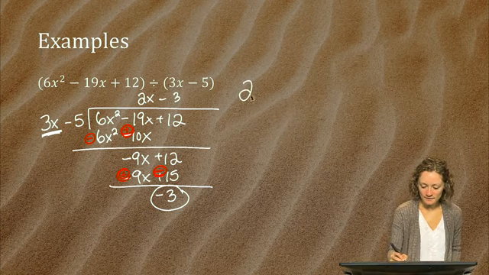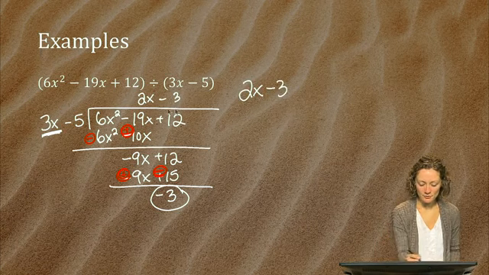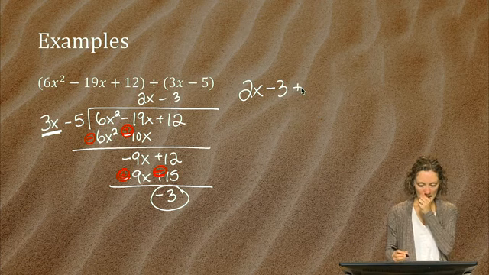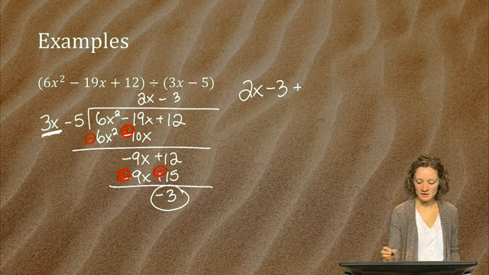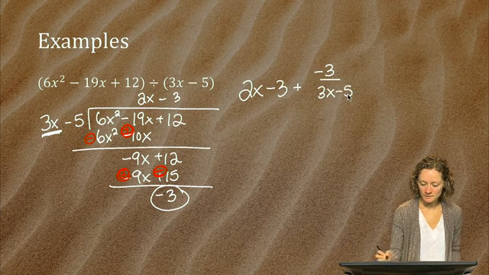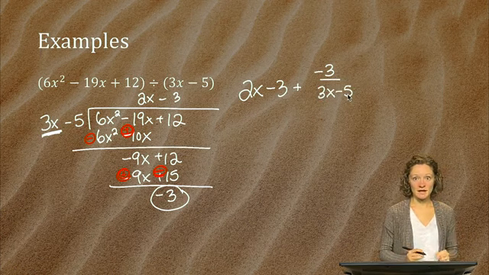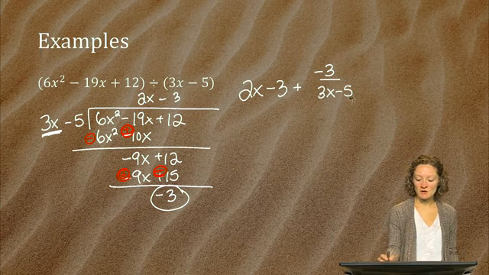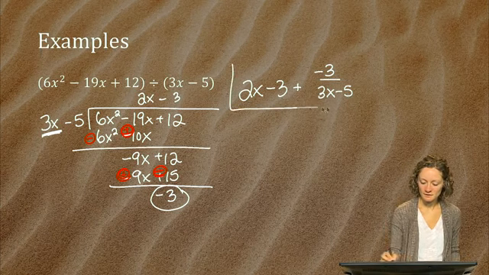So we'll write it as the piece that we got through the long division. And in this case, it's all added together or subtracted, but we're going to go with addition. The thing we have left over over the thing we divided by. Just like on that last slide, we had 5/11ths. We have plus negative 3 over 3x minus 5.